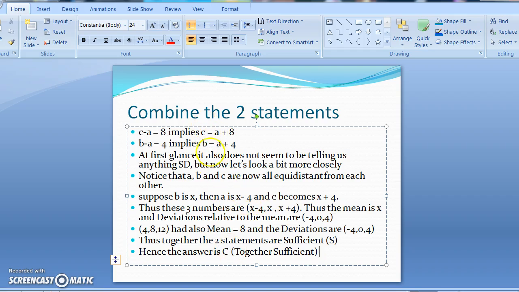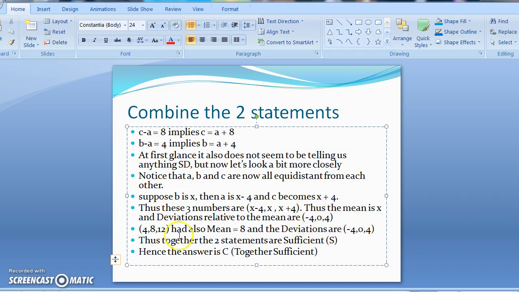Just go through the steps once again. We've realized that A, B and C are all equidistant. We can take a little help here by taking a variable for B, which is the middle one. We realize that A is 4 less, C is 4 more. If we look at the deviations and the mean, we realize the mean is the middle value. The deviations are minus 4, 0, 4.